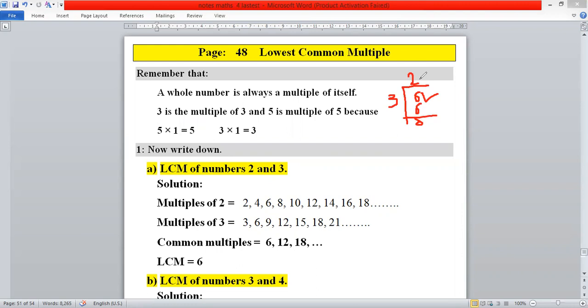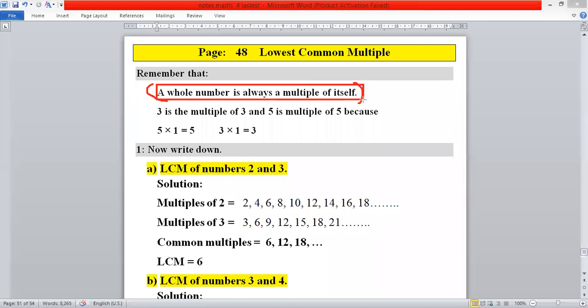And also remember that every whole number is the multiple of itself. 3 is the multiple of 3, 4 is the multiple of 4, 5 is the multiple of 5, because 5 ones are 5 and 3 ones are 3. When you multiply any number by 1, you get the same number again.